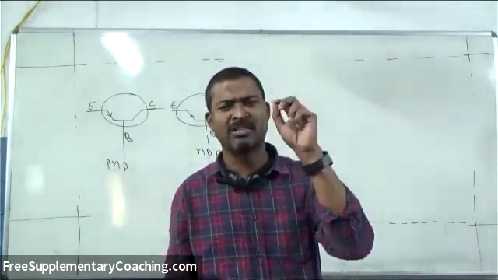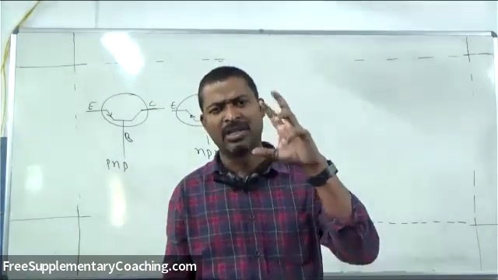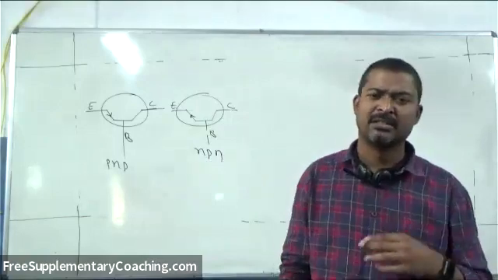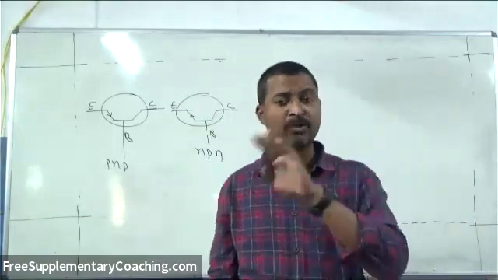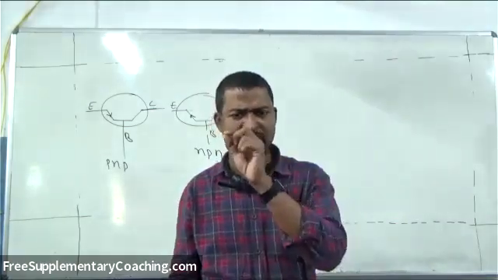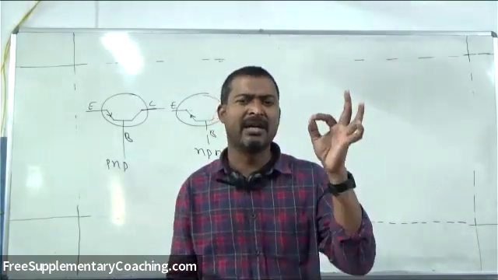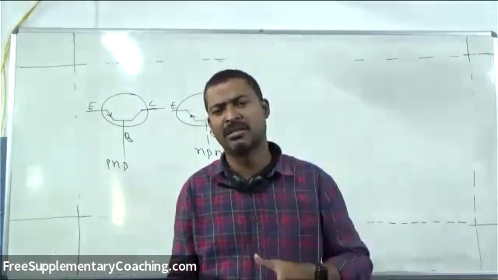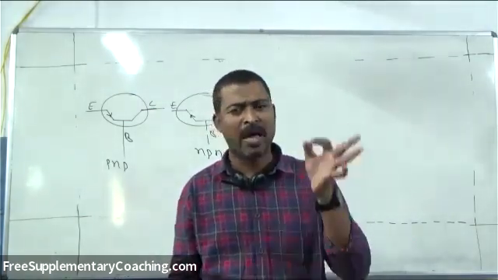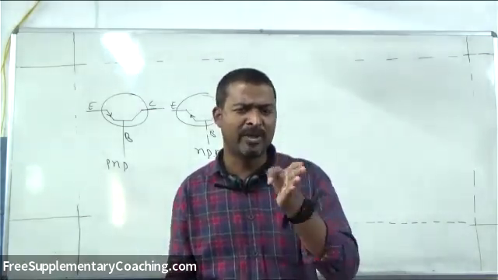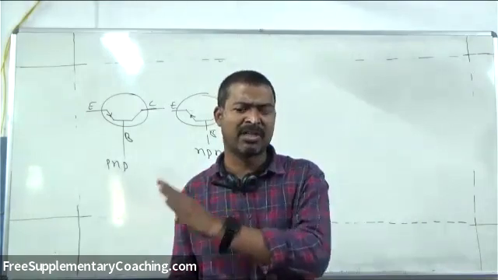A small resistance, which we call a shunt, is connected parallel to the galvanometer. You can write, by connecting a shunt or a small resistor parallel to the galvanometer, the moving coil galvanometer is converted into an ammeter.